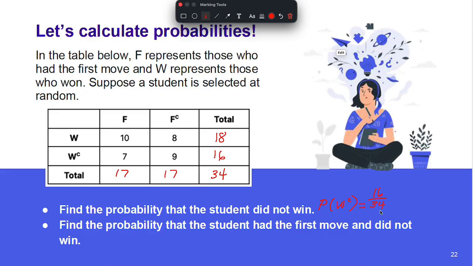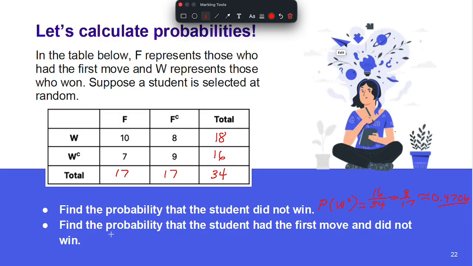We could reduce that by 2, which is 8 out of 17, or approximately 0.4706, rounded to 4 decimal places. So that's the probability that the student did not win.